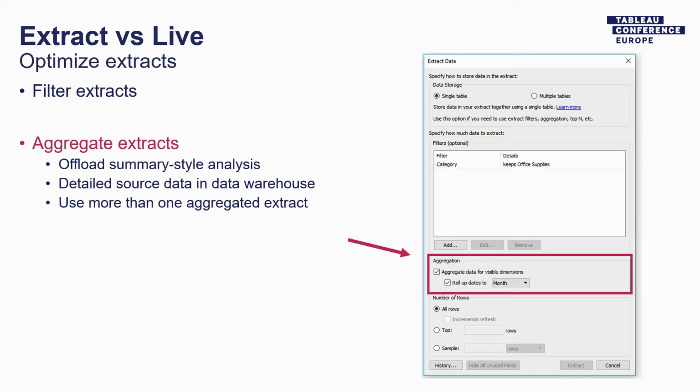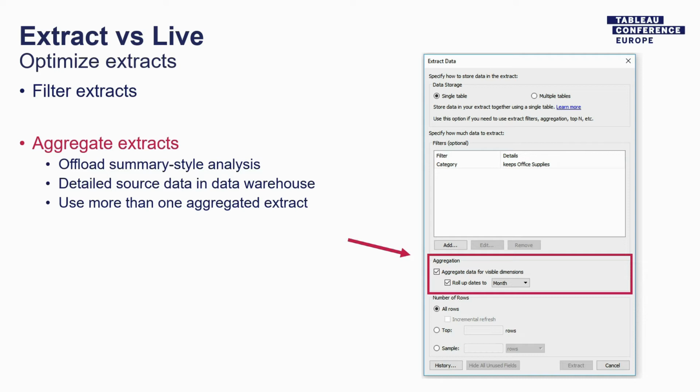Another way to make your extracts smaller is to make them less granular and therefore faster. As Miriam said before, we don't want to replicate our database in an extract, so it doesn't have to be on the same level of granularity as our data warehouse. Let's say our database collects transactional data every single minute, but in your analysis you never go deeper than the daily level.